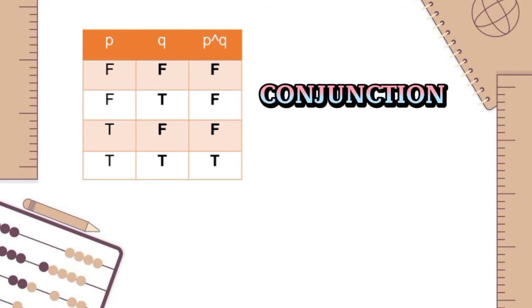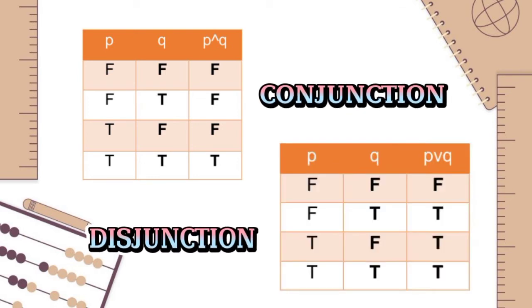Next is the truth table for disjunction. If we talk about disjunction, the truth value is false only when both P and Q are false. As you observe in that table, the P is false, then the Q is false, so the disjunction is false. Then the P is false, then the Q is true, so the disjunction is true, and so on and so forth.